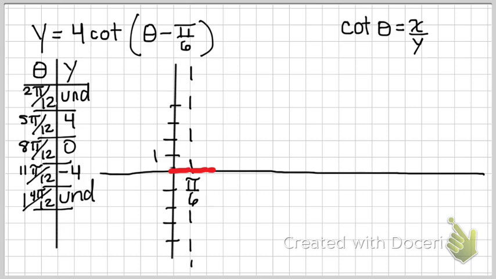So that's where 5 pi over 12 is, and then I want to put a point at 4. That's going to be right there. 8 pi over 12, so that's 2, 4, 6, 8 is there. That's 8 pi over 12. And then 11 pi over 12, I'm going to go 1.5 grid marks and then go down to negative 4.